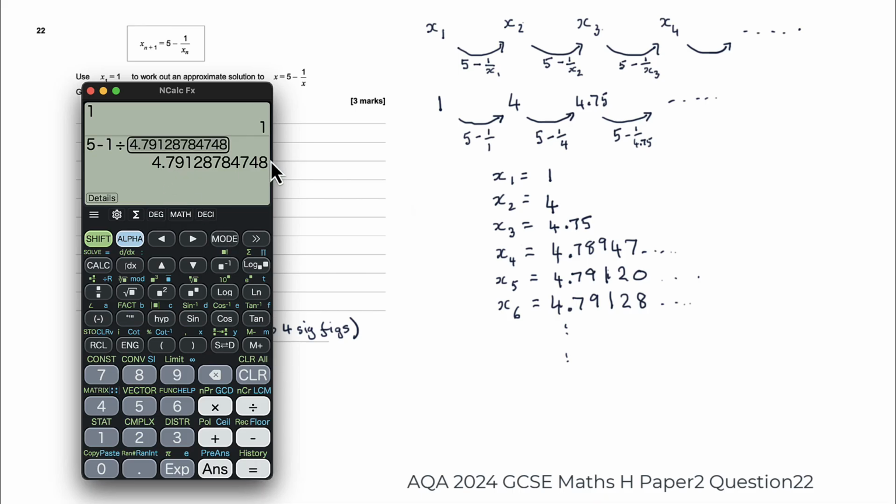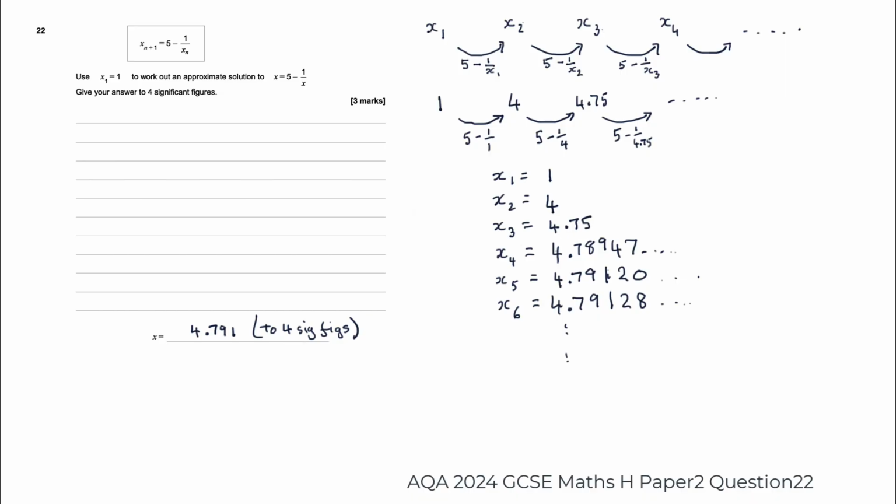So this figure is accurate to 1, 2, 3, 4, 5, 6, 7, 8, 9, 10, 11, 12 significant figures. Far more accurate than we required. But it is essential in this question that you list the intermediate values to show that you've produced these values and that you know what you're doing when you round it off to 4 significant figures.